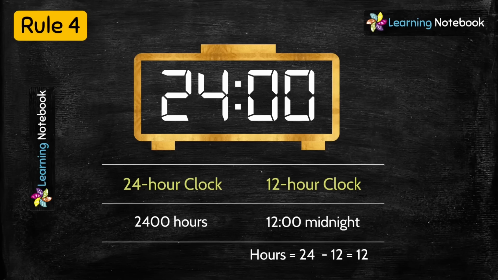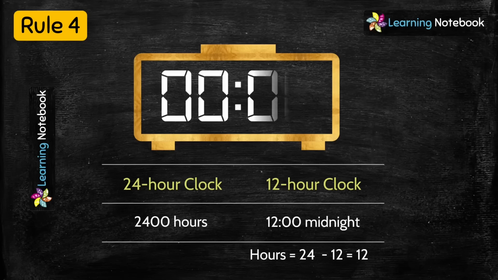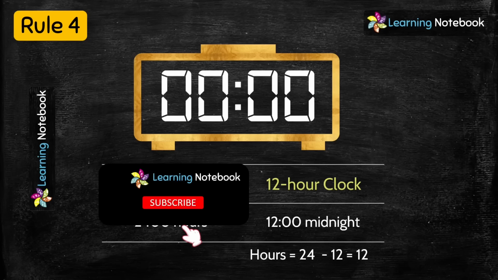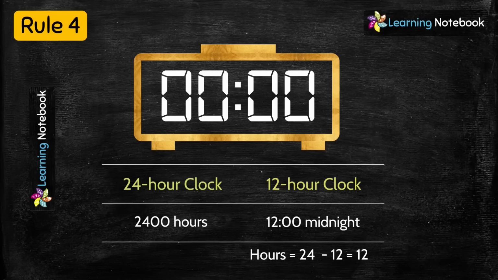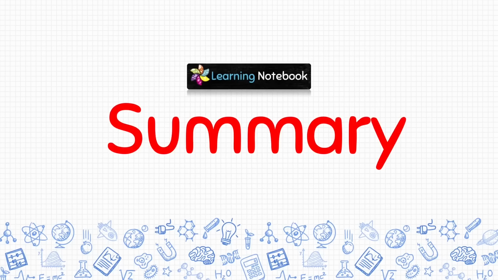Students, an important point to note here is, even if the time is 0 hours in 24-hour clock, then also this time is 12 midnight in 12-hour clock. So these were the 4 rules to convert 24-hour clock time to 12-hour clock time. Now let's summarize what we have learned so far.